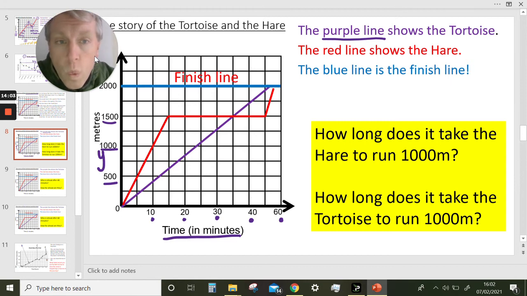So, to run 1,000 metres, let's look for the 1,000 metres line and we go along. Oops, hold on, sorry, silly me.